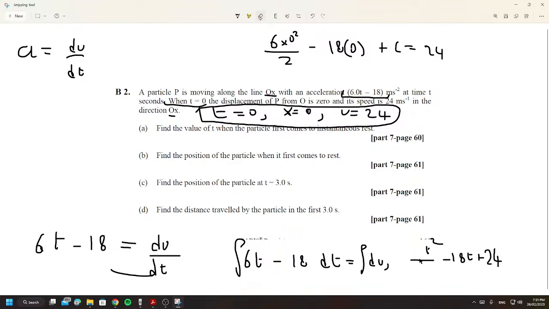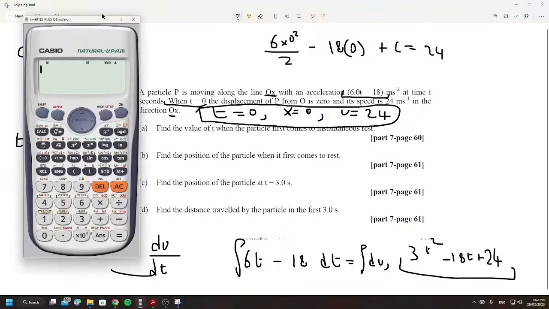So this is just 3t squared minus 18t plus 24. We're going to do the quadratic formula, and we're going to get two values for t. You can just do it on your calculator right away. So you're going to get t equals to 2 and t equals to 4.